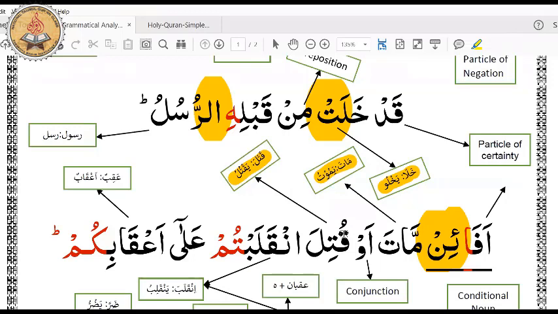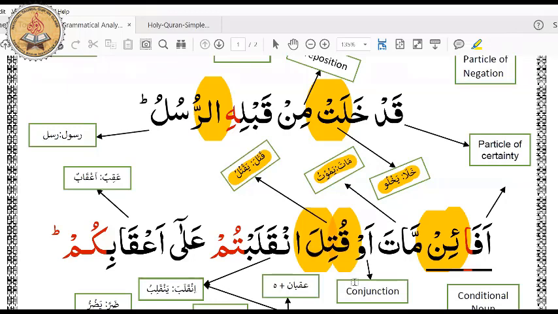Now the word that has been revealed here is qutila. When any word starts with a dhamma and ends on a fatha, remember the pattern, starting from dhamma, ending on fatha, this is a past passive.